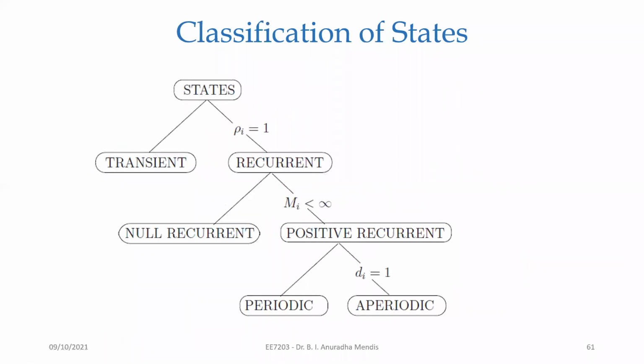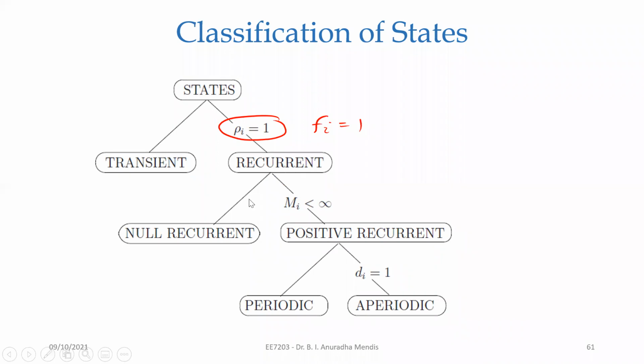Now this is the major classification that you have learned until now. All the states you can classify as transient or recurrent. If there is a guarantee that you will come back to the same state, then that is recurrent.